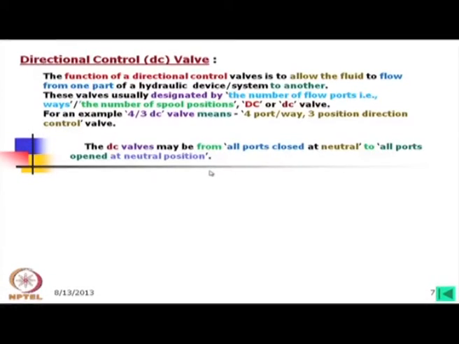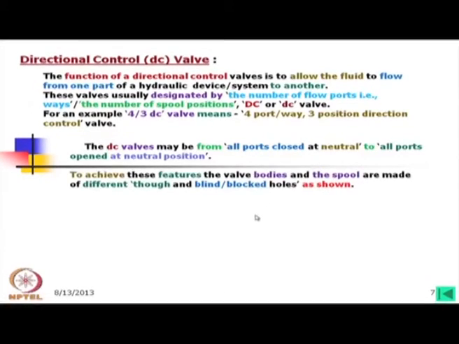The DC valves may be from all ports closed at neutral to all ports opened at neutral position. Some valves have no neutral position, it is simply either one direction or the opposite direction. But in most valves you will find there is a neutral position.